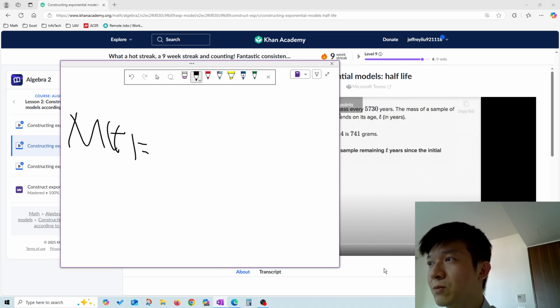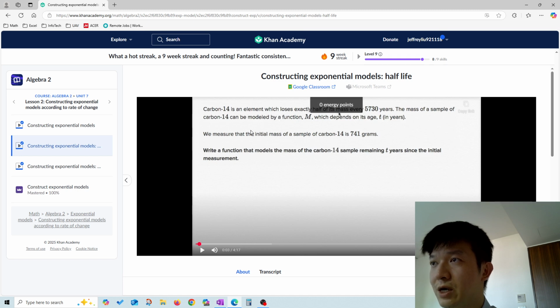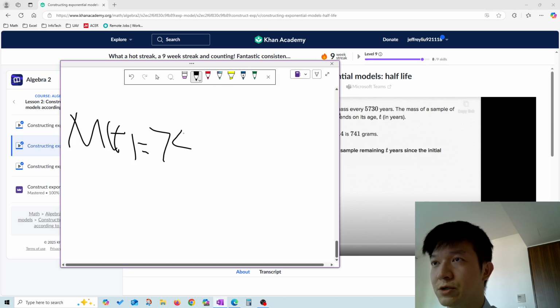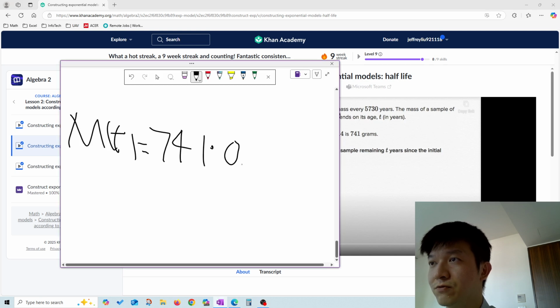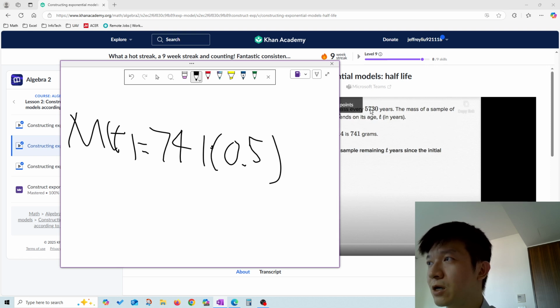So initially how many grams do we have? Initially we have 741 grams. So that's our initial. Let's put it here. Times the rate, right? So we're gonna half every this amount of years. Okay, half. So that'll be 0.5. That's our rate. Times our exponent, right? How many years?